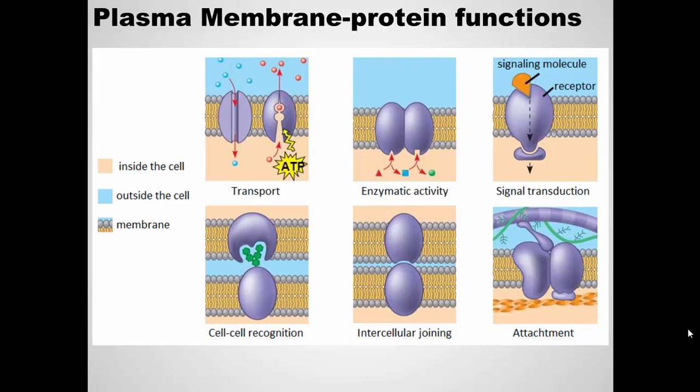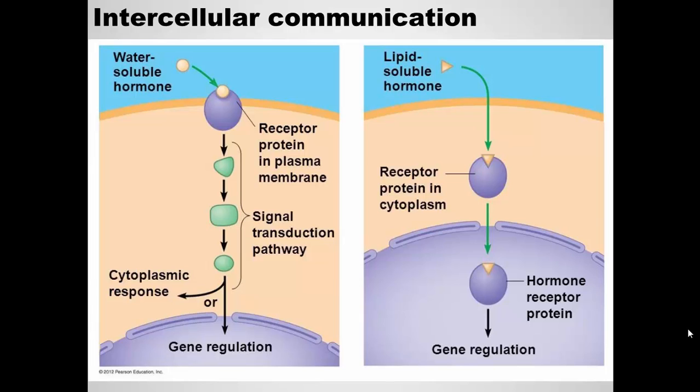These proteins help attach cells to the outside and one cell to another cell. So these proteins stuck within the cell membrane have lots of important functions. This shows a little bit more about how these cells communicate with each other. So, hormones are signaling molecules produced in endocrine glands.